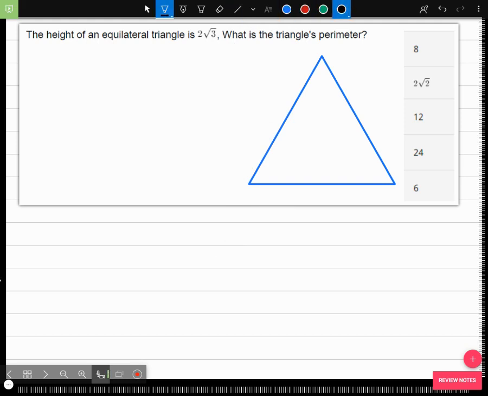First of all, I don't know the length of each side. So let me assume that this one is X, the other side is X, and the third side is also X.